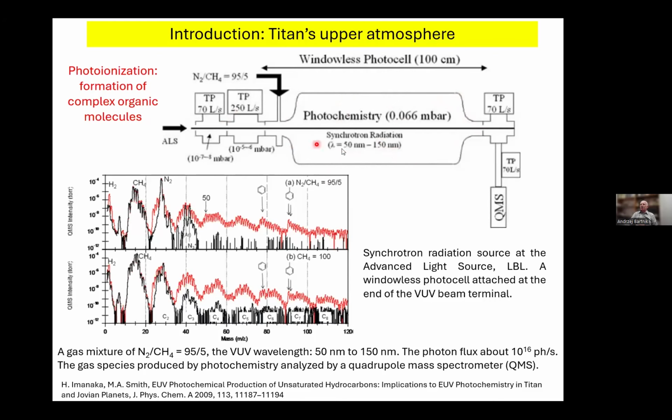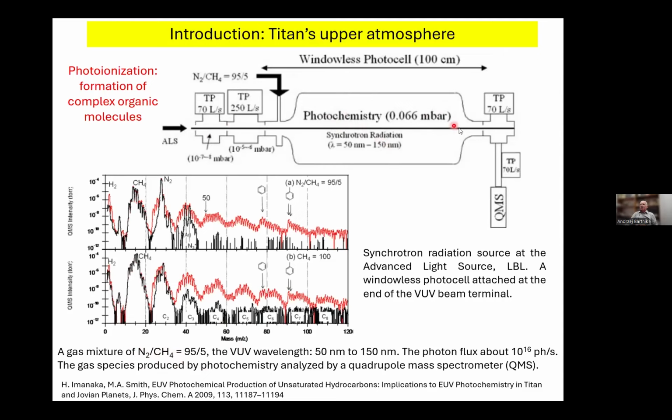This photocell is filled with some gas mixture. It can correspond, for example, to upper Titan's atmosphere. So the mixture contains nitrogen and methane.